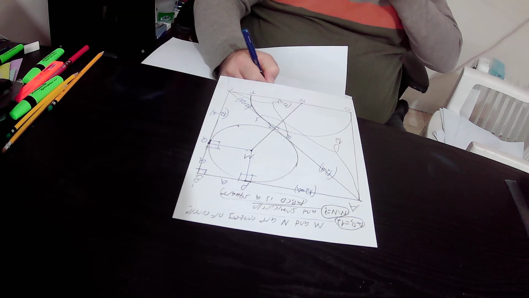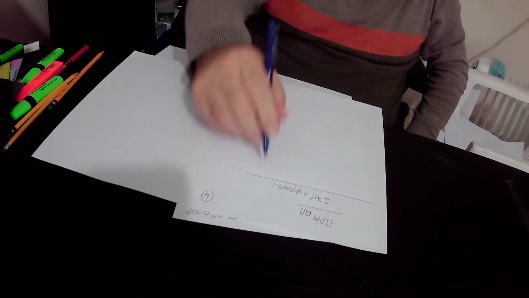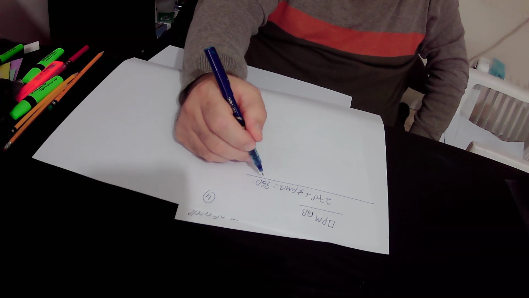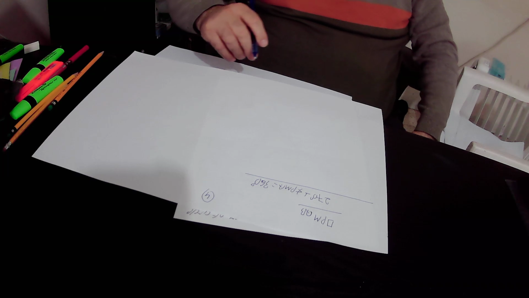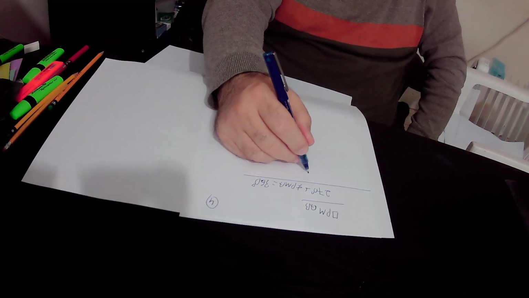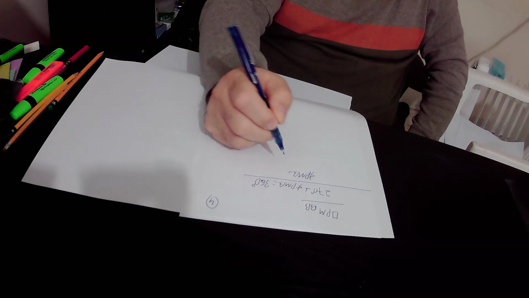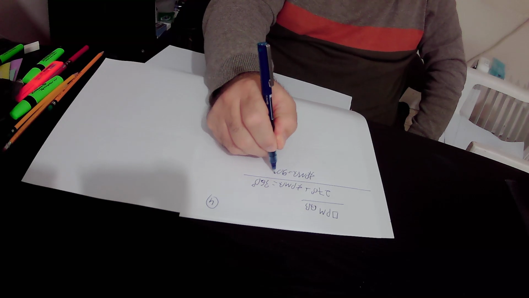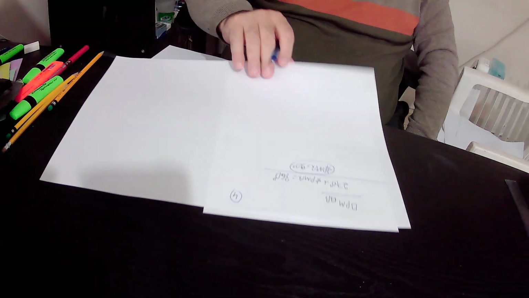In total, the sum of those four angles must be equal to 360 degrees, according to the rule that the sum of the angles in any quadrilateral is equal to 360 degrees. Here we'll subtract 270 degrees from this equation, and we'll get that angle PMQ is equal to 360 degrees minus 270 degrees, which is 90 degrees. So we found out that angle PMQ is equal to 90 degrees.